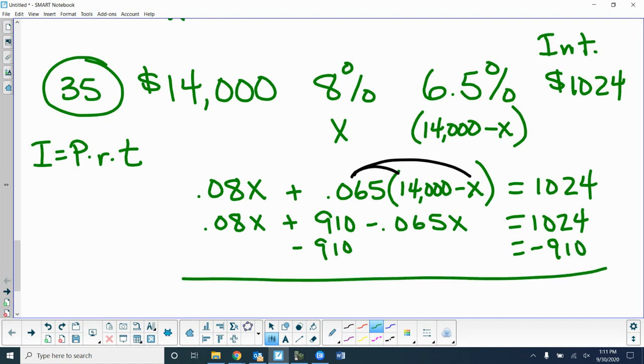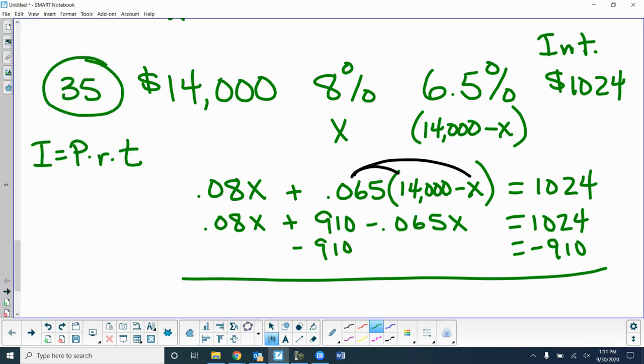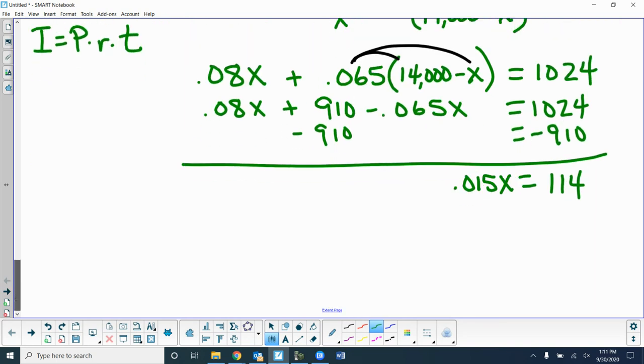All right, so 1024 minus 910 is $114. And 80 minus 65 is 15, right? So 0.015x, and then divide by the 0.015.